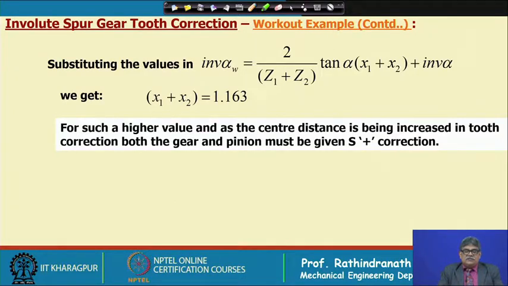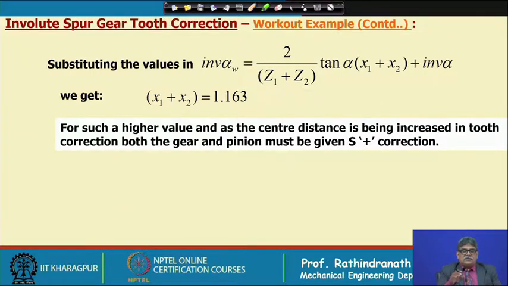So, suppose if this value could be less, then x1 could be more and even x2 could be given a minus value. But here, as x1 plus x2 is 1.163, and from the pointing limit of value, perhaps for the 16 teeth we cannot go for more than 0.4 or so.